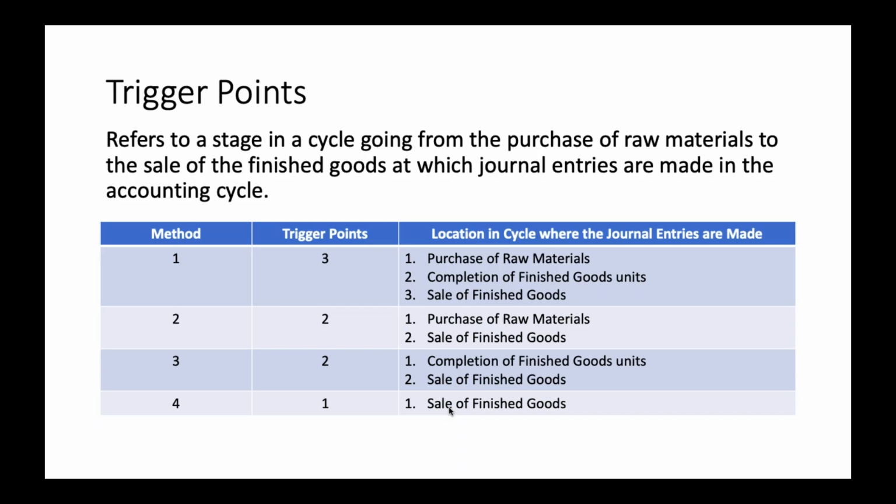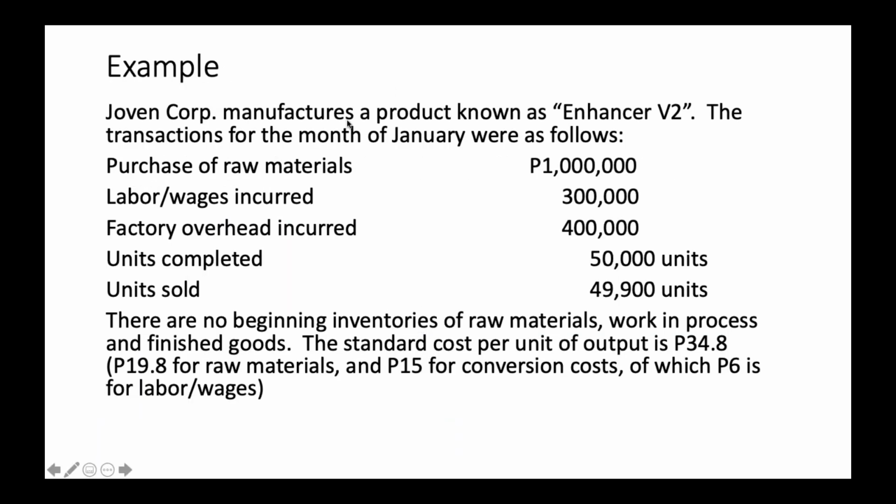So to better understand this backflush costing, let's have an example. Joven Corporation manufactures a product known as Enhancer version 2. The transactions for the month of January were as follows. Purchase of raw materials is 1 million, the actual cost. Labor and wages incurred, also actual cost, 300,000.